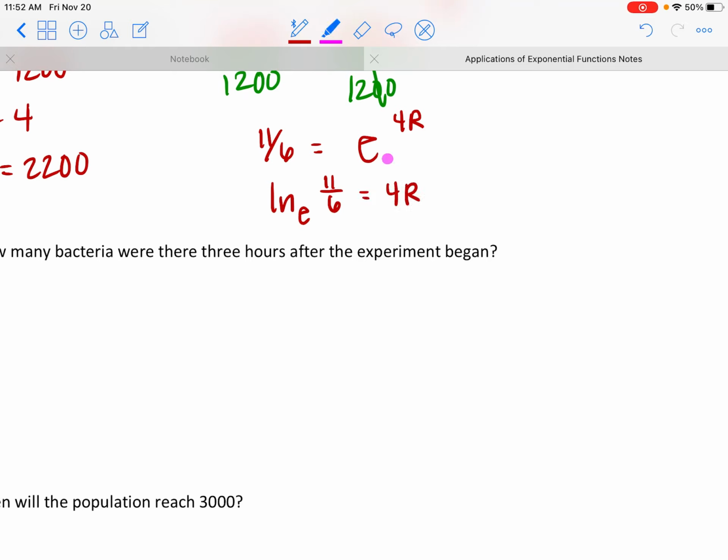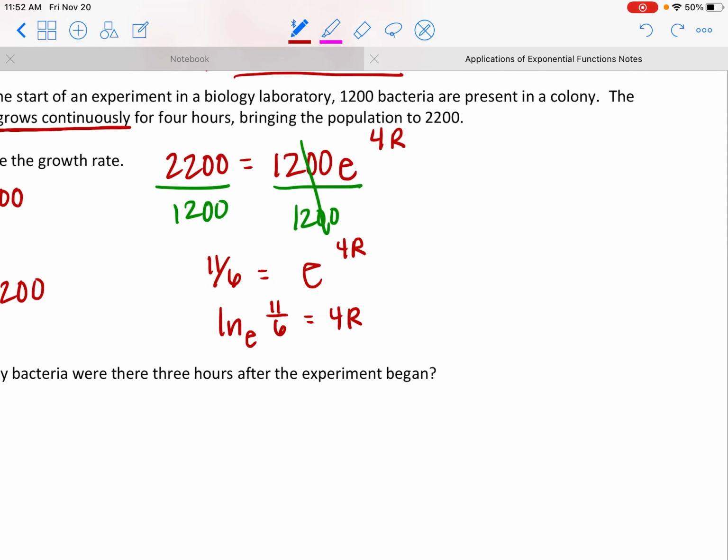Remember, the base is the base, and the exponent is the answer that we were looking for. So this is our new form. Now natural log is already base e, so I wrote it there so that you know that it doesn't disappear. But this could also just be rewritten as the natural log of 11/6, which technically should be in parentheses to make sure that we're taking the natural log of that quotient, is equal to 4r.